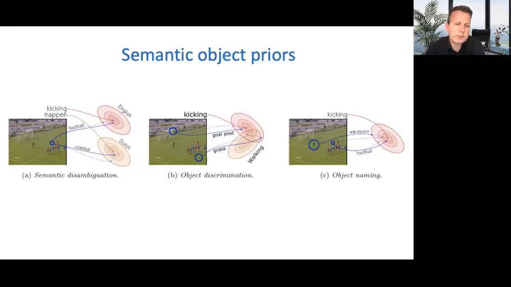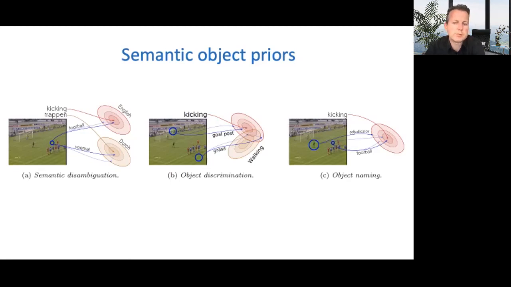In B, we consider object discrimination. Often many objects are visible, but which one is the most distinguishing one to get to the action of interest? Here, for example, we have the actions kicking and walking, and we find objects like goalpost and grass.